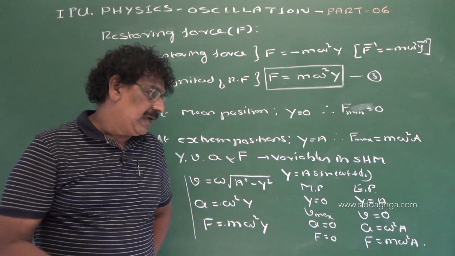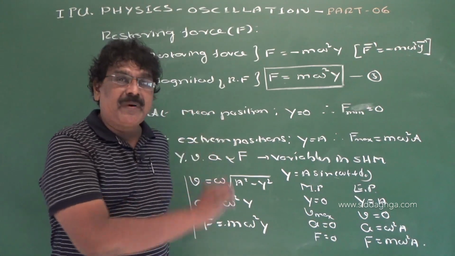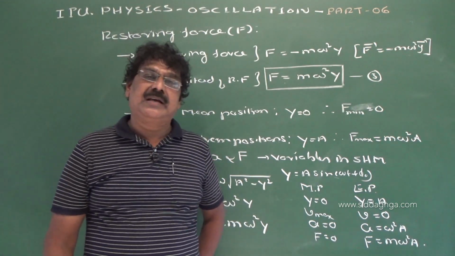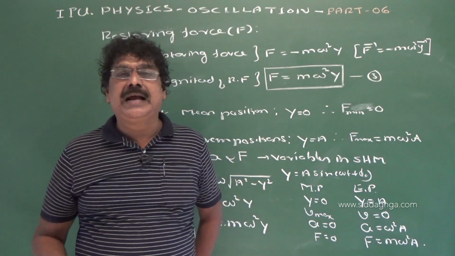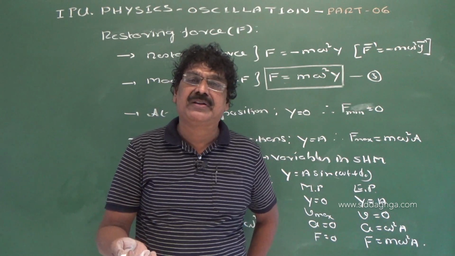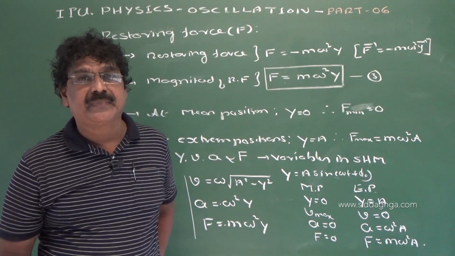Is that clear? Now again, this particle executing simple harmonic motion possesses kinetic energy and potential energy. The sum of kinetic energy and potential energy is equal to total energy, right.